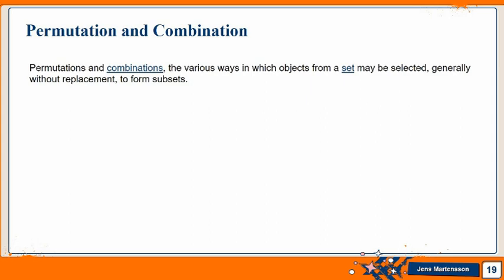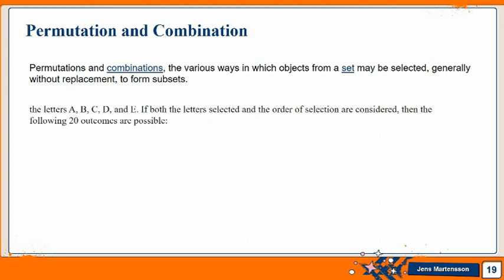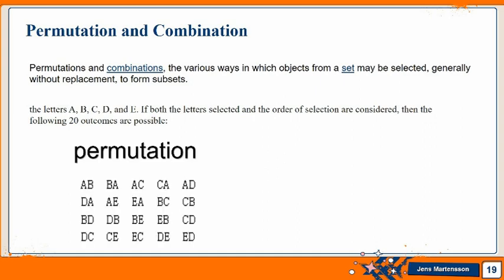Hinahanap natin yung all possible outcomes or subsets na pwedeng meron ang isang bagay. So, halimbawa, we have the letters A, B, C, D, and E. Kung we have 5 letters, tapos 2 letters will be selected at a time, then how many orders can you have? So, in permutation, we can list down all the possible outcomes that we have.